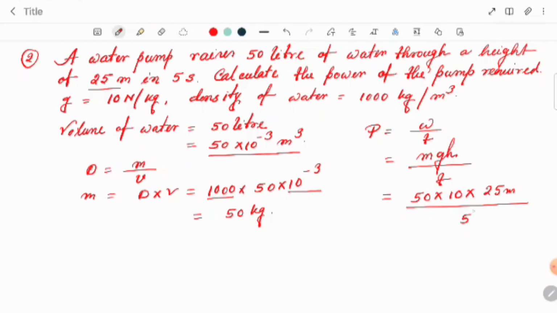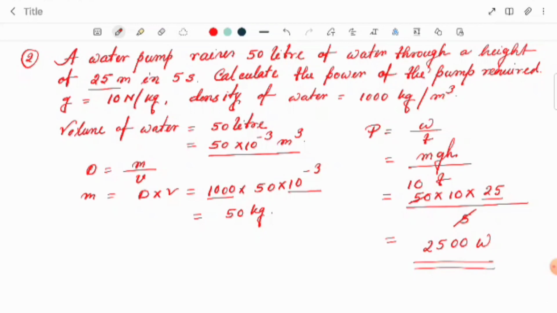So 10 into 10 is 100, into 25, we are getting 2500. Obviously it should be in watt. So power is 2500 watt.